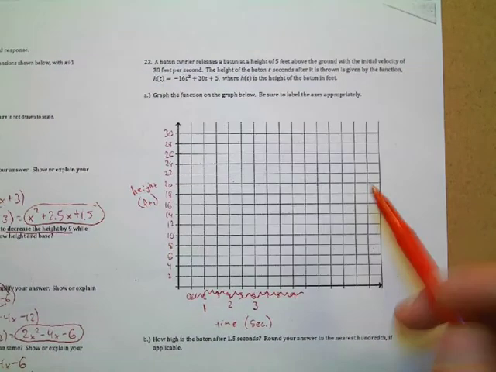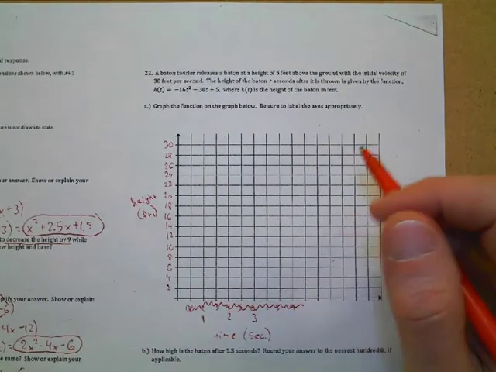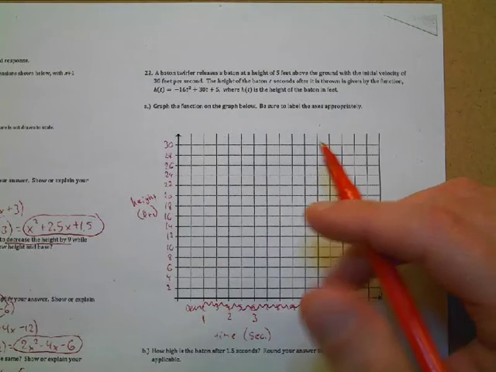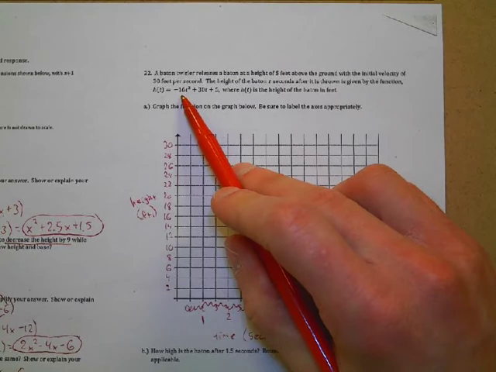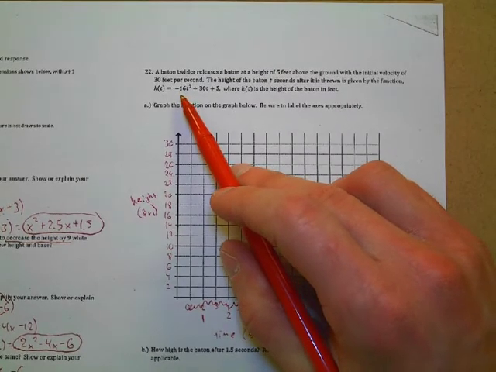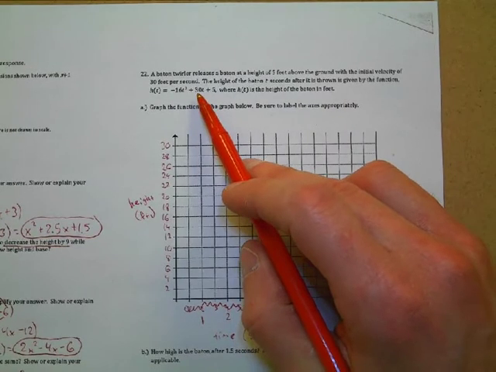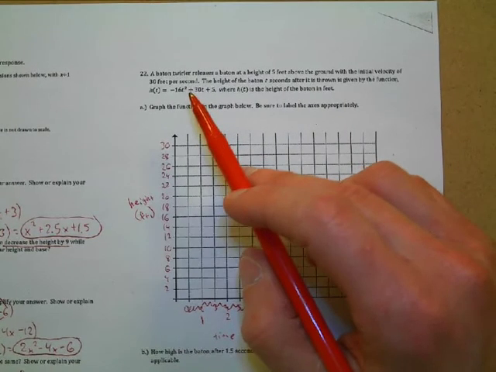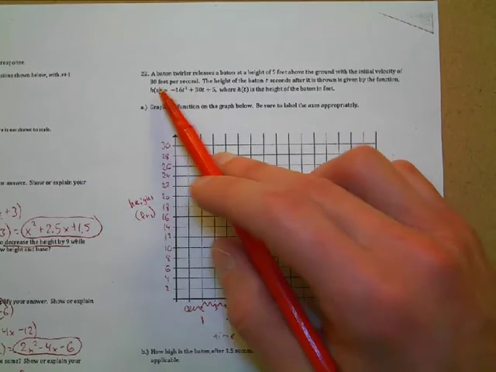Okay. Believe it or not, this is a legitimate function that is used to determine the height of a projectile. This negative 16 is the acceleration due to gravity. Gravity pulls down on the object, so it's having a negative effect on it. The 30 is the initial velocity, the speed that you release it at up into the air.